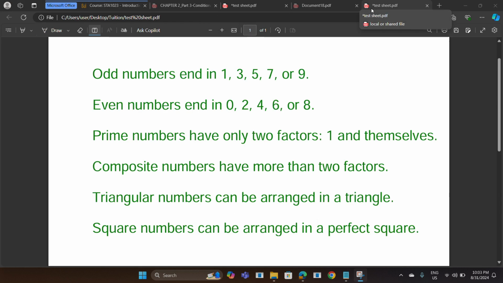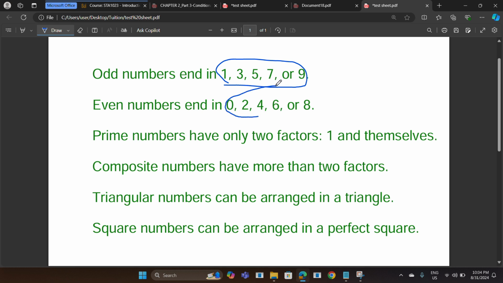Now let's do a quick recap about these 6 types of numbers. First one is odd numbers. These numbers end in 1, 3, 5, 7 or 9. And even numbers end in 0, 2, 4, 6 or 8.